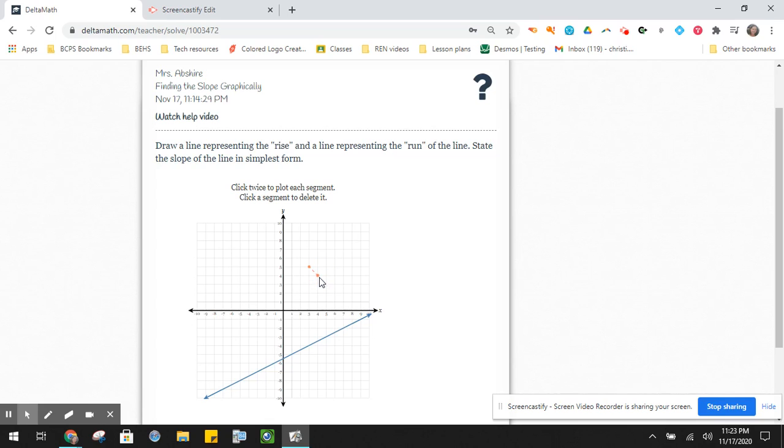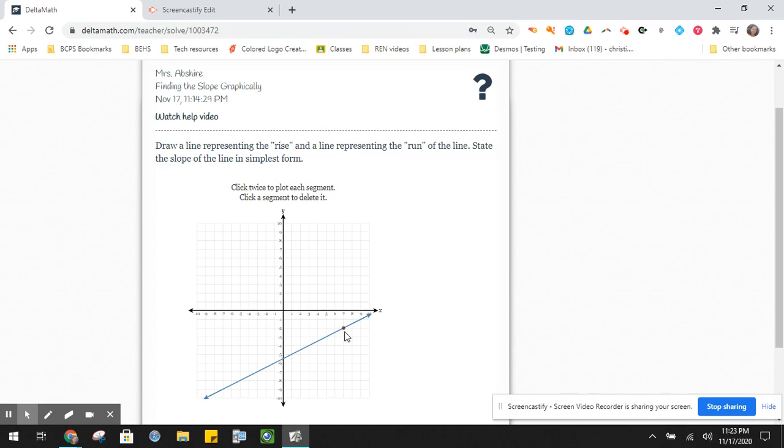It's not falling in between. So what I did just now is I clicked 2 corners of the grid and it made this little line. Well, that's obviously not where I want it because that's not the rise or run for my line. So to get rid of it, I just click on the segment and it removes the segment. So I'm going to come down to my line and I need this little pink dot to be somewhere on my line. So notice right here, I can't get it to land on my line. So I'm going to move over.